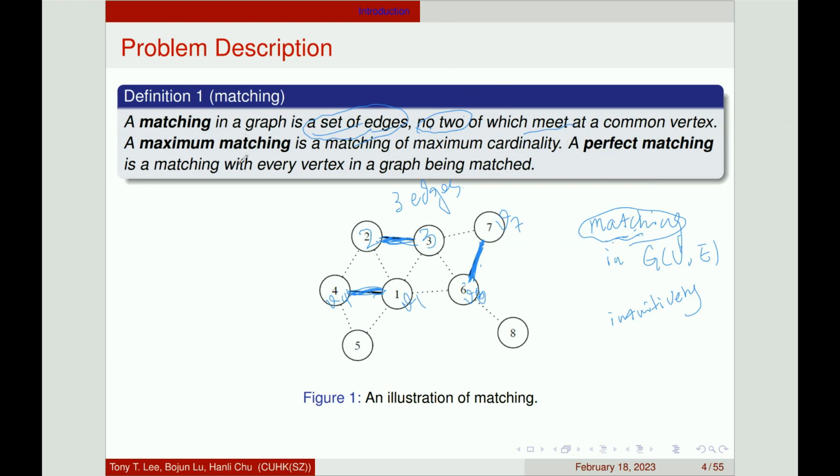In this work, we pay attention to some crucial and important ones, like the maximum matching, and also the perfect matching. So this is what we want to identify and search for in a given graph. And this is what we want to study.